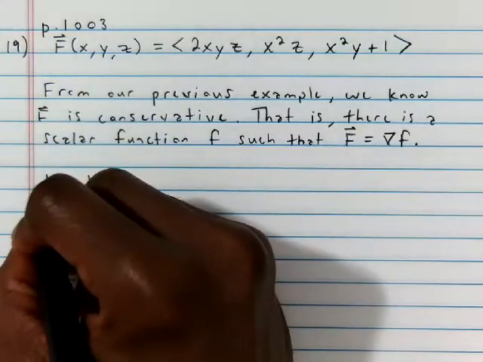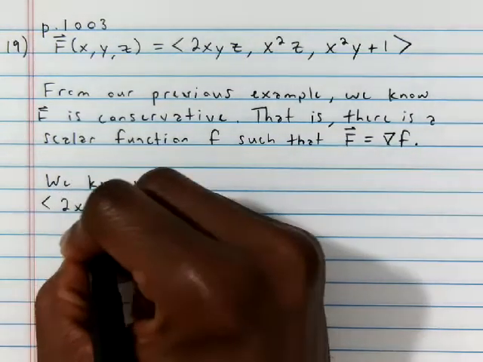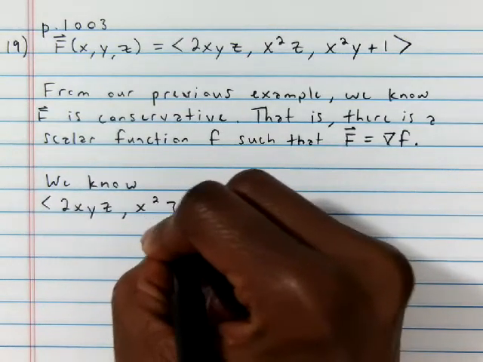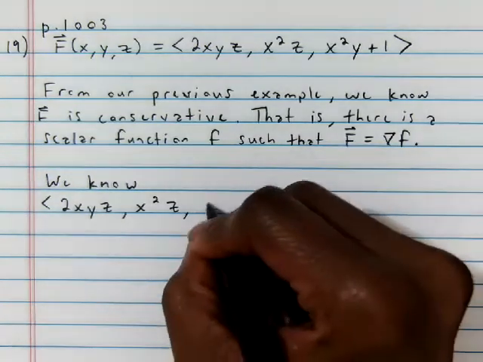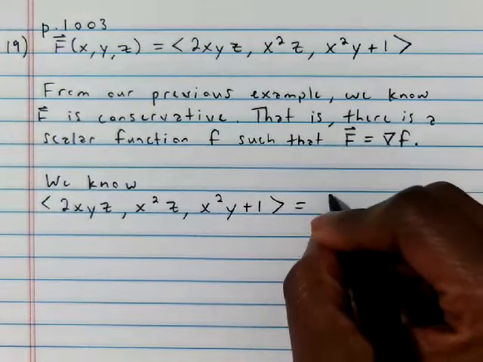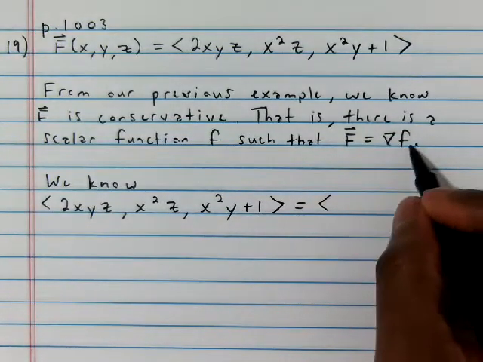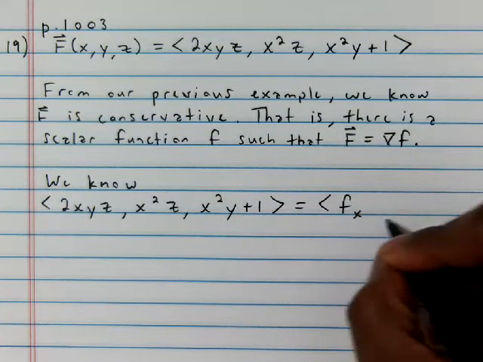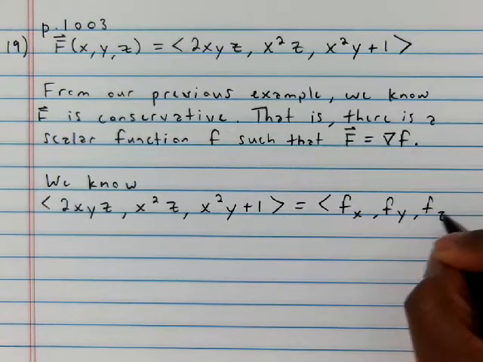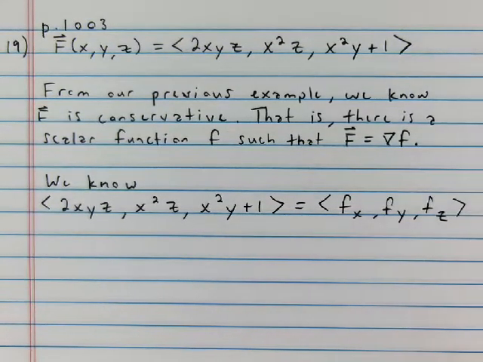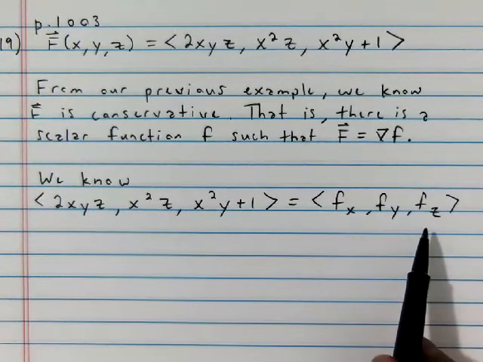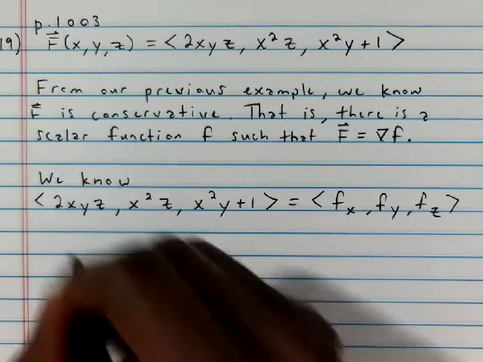So that tells us that 2xyz, comma, x squared z, comma, x squared y plus 1 has to be equal to, we know how to compute the gradient, the partial of f with respect to x, comma, the partial of f with respect to y, comma, the partial of f with respect to z.